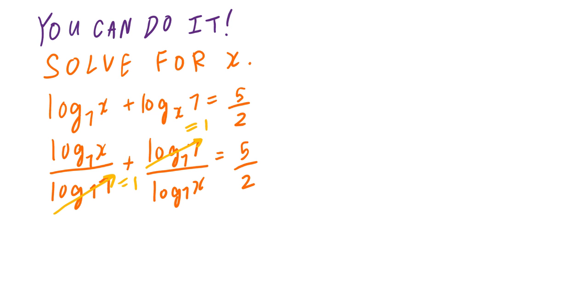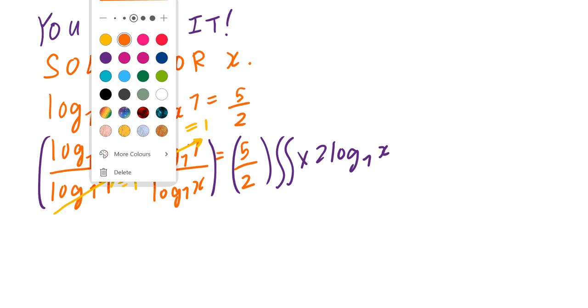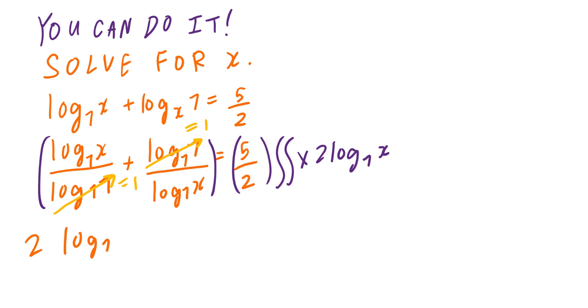In order to have no fractions, you have to multiply the left-hand side and the right-hand side by the common denominator. In this case, the common denominator is going to be 2 times log base 7 of x. So now on the left-hand side, this is going to be 2 times log base 7 of x to the power of 2 plus 2, which equals 5 times log base 7 of x.